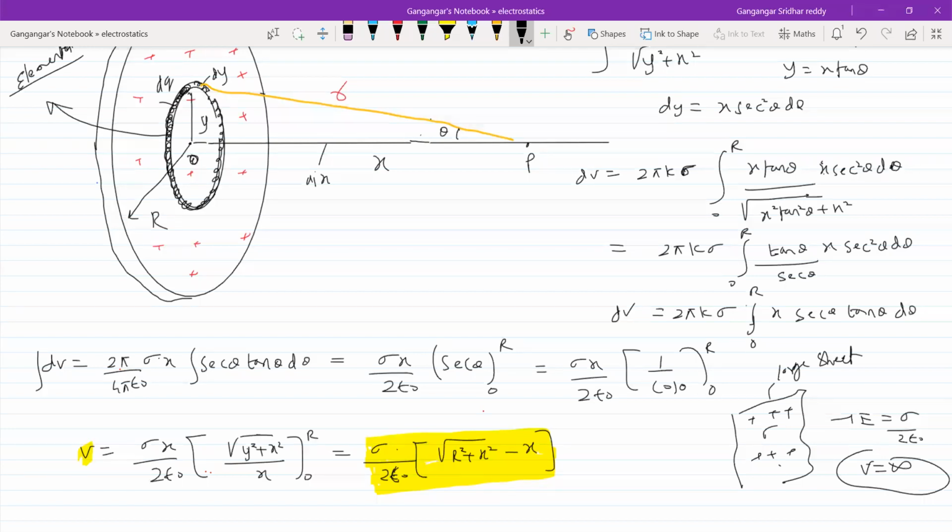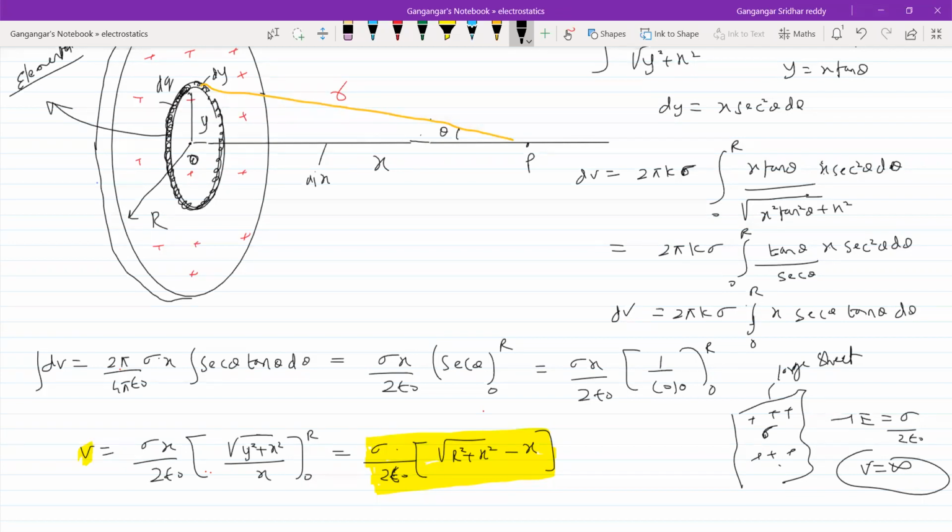Sigma equal to Q by pi r square. Again, in the denominator, we will get r square. No, sigma is a fixed value, no? Don't use mathematics here. Sigma is a value for a given charge sheet. Why are you substituting that? It is a uniform charge distribution, charge per unit area.